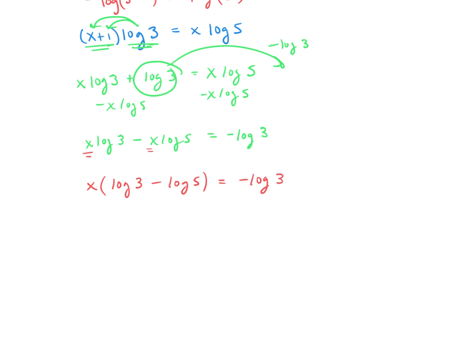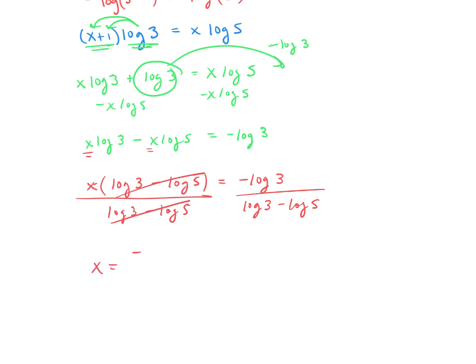What that allows us to do is solve for x, because now x is being multiplied by that log 3 minus log 5. So let's divide by log 3 minus log 5 on both sides. Log 3 minus log 5 divided by log 3 minus log 5 cancels, and we got our x alone.